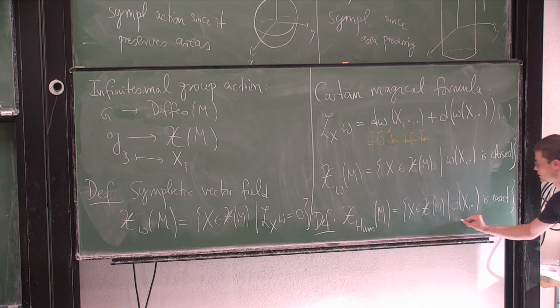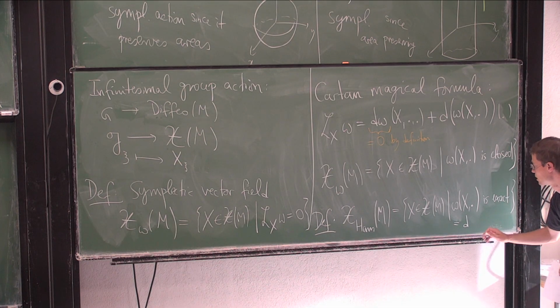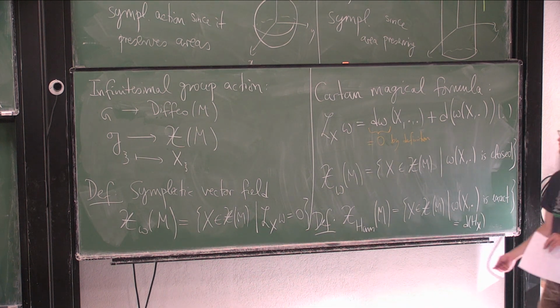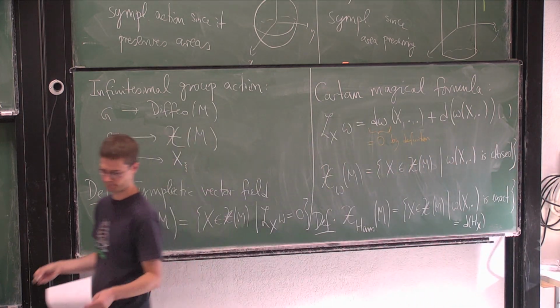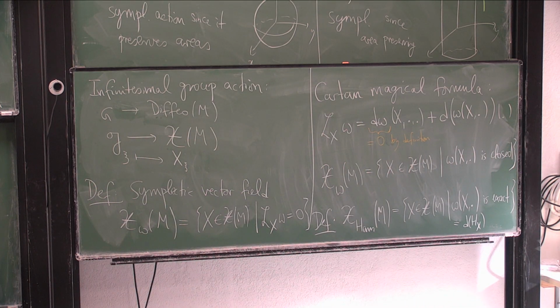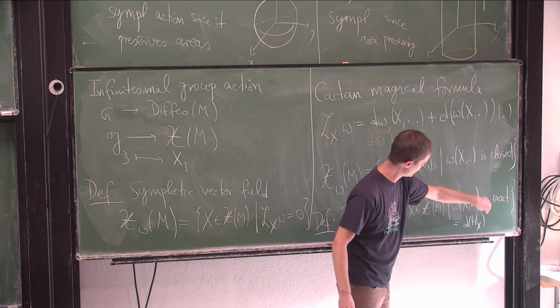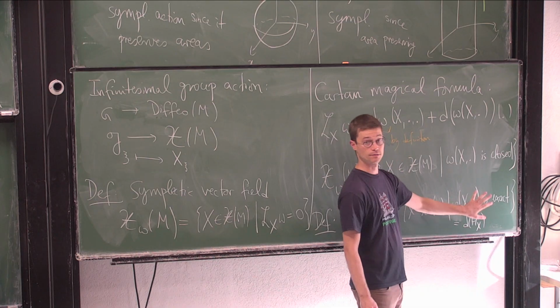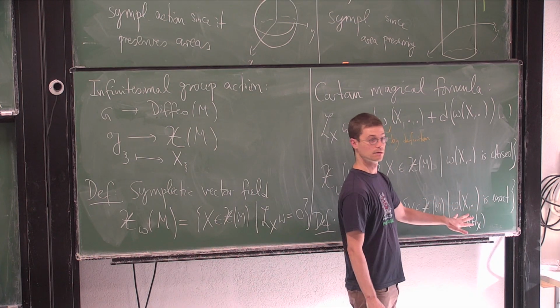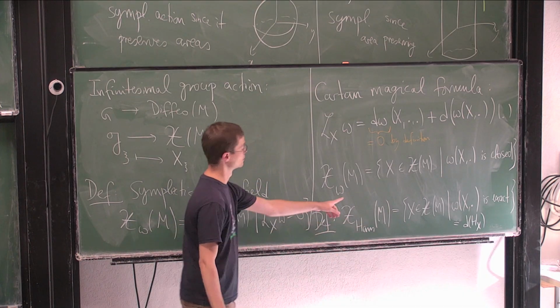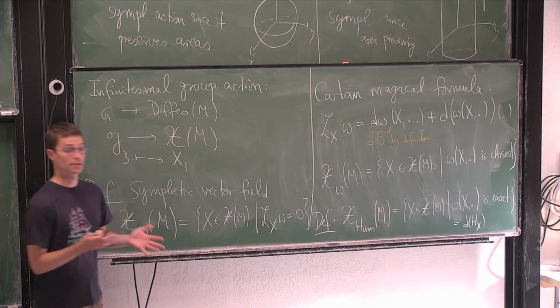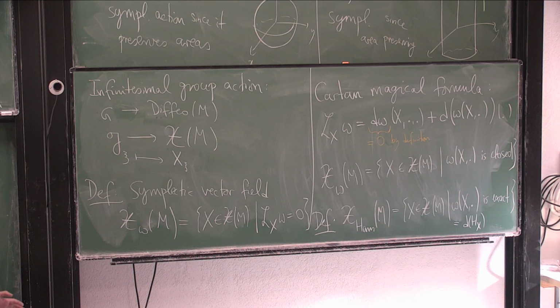You can write this as the differential of some function, typically we'll call it H. And if you look at this definition, omega of X dot equals dH, well, that's exactly the definition of a symplectic gradient up to some sign. So the space of Hamiltonian vector fields is the space of symplectic gradients.